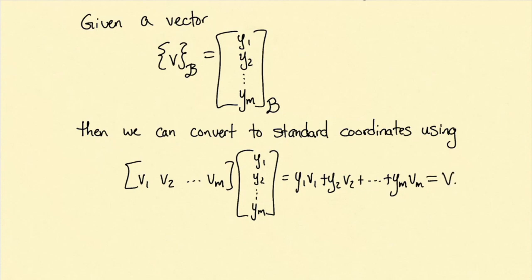So this tells us how to take something expressed in the new coordinate system and convert it into our standard coordinate system. The process of going in the opposite direction is similar, but uses the inverse.